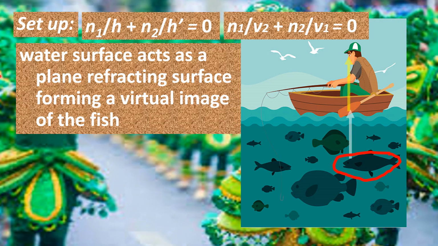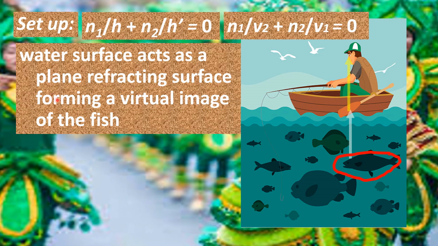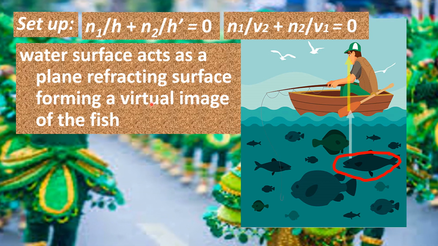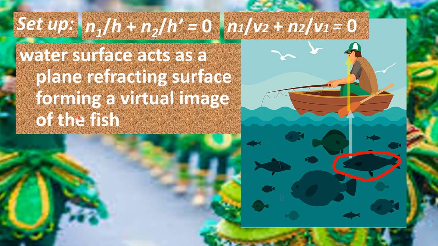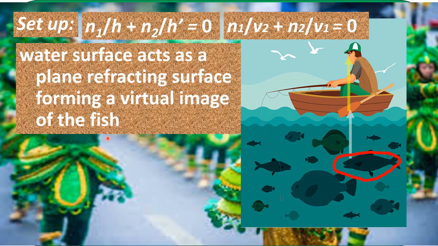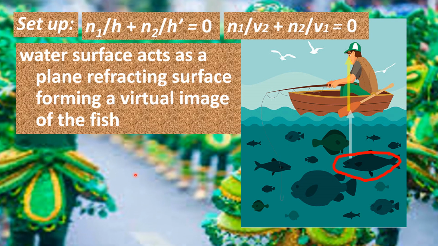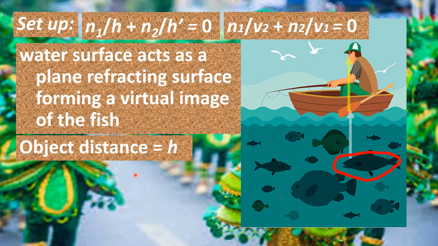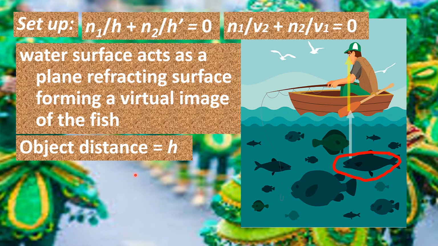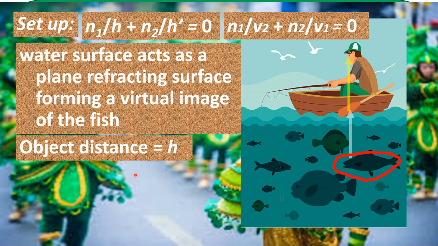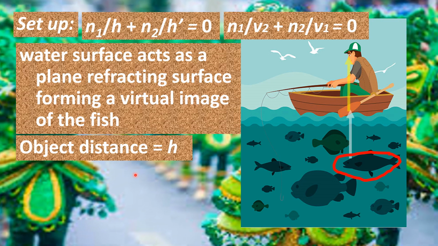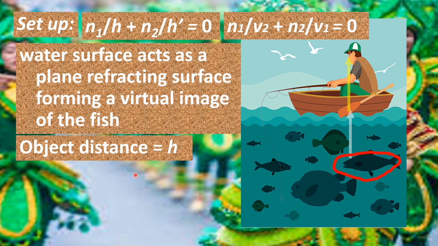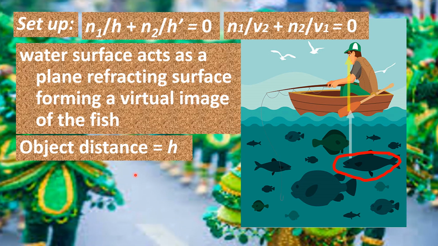So in this equation now, n1 over h plus n2 over h prime equals 0, we say that h is the object distance, and h prime is the image distance.